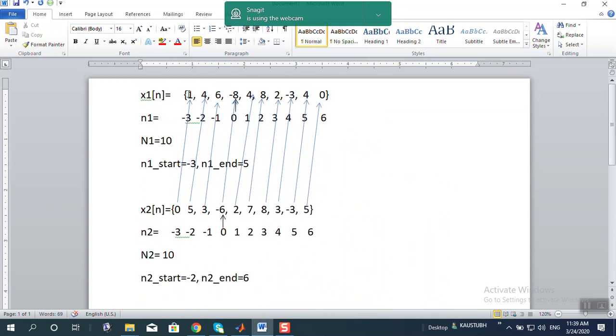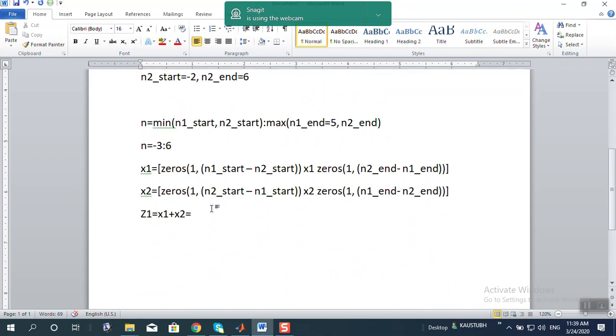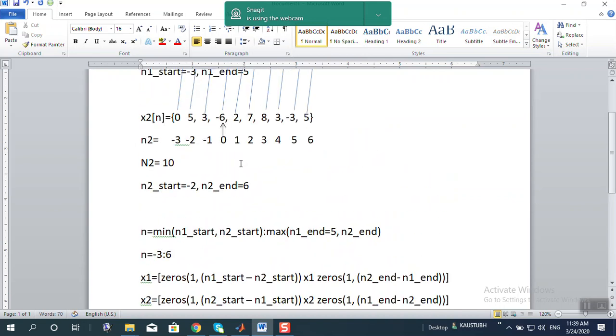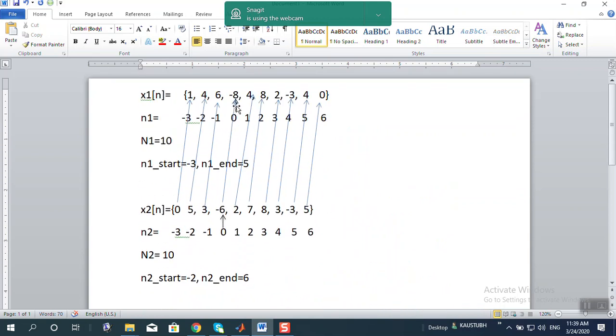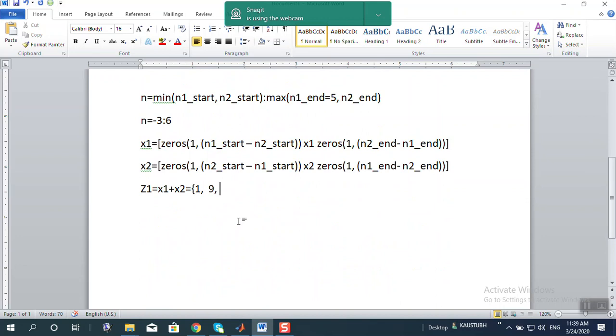It will be 1 plus 0 is 1, 4 plus 5 is 9, 6 plus 3 is 9, minus 8 minus 6 is minus 14, and so on and so forth. That way it will be adding up. Similarly subtraction, multiplication. Let's see here.